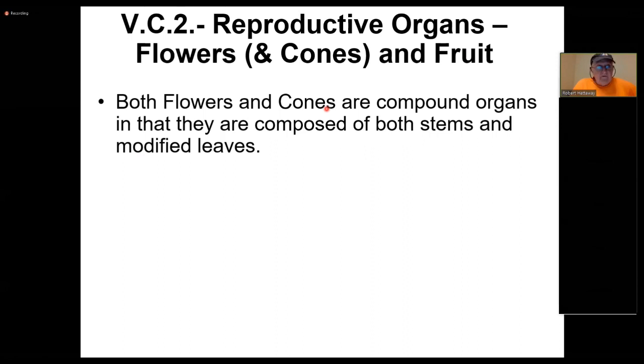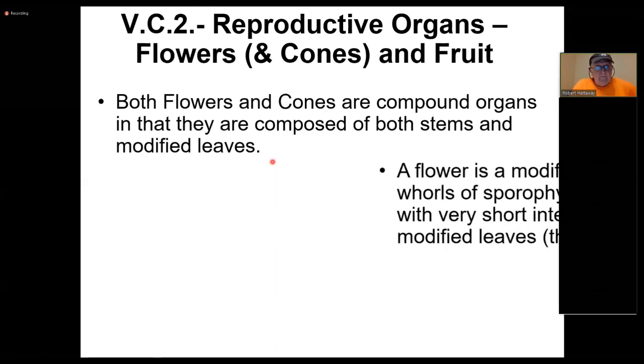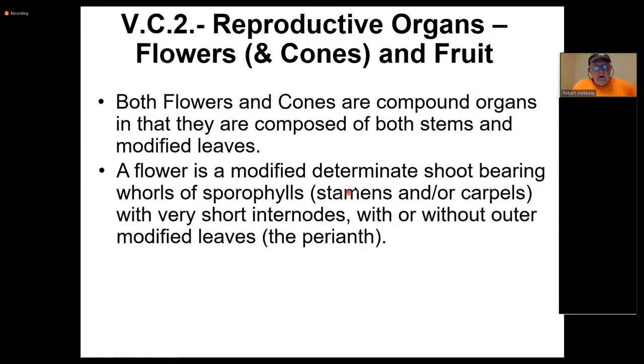Now, this is the definition of a flower: a modified determinate shoot. A shoot's a stem, bearing whorls, that's a cluster all the way around the node, whorls of sporophylls, either stamens and/or carpels type sporophylls, with very short internodes, with or without outer modified leaves, the perianth.